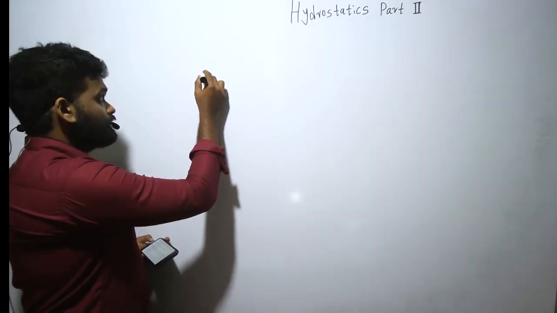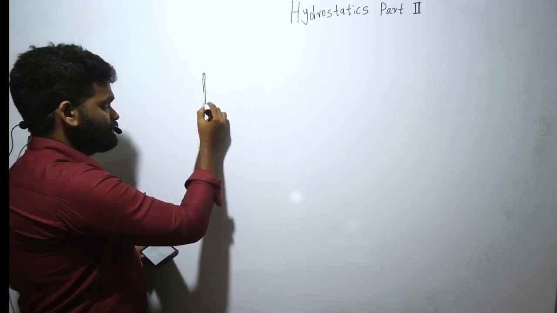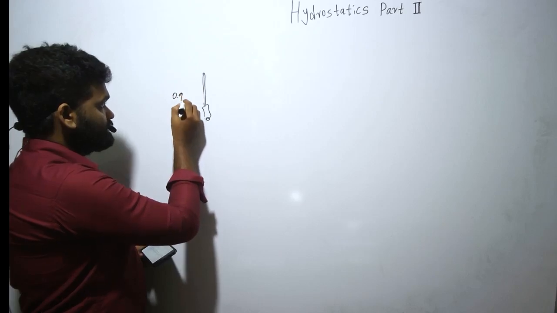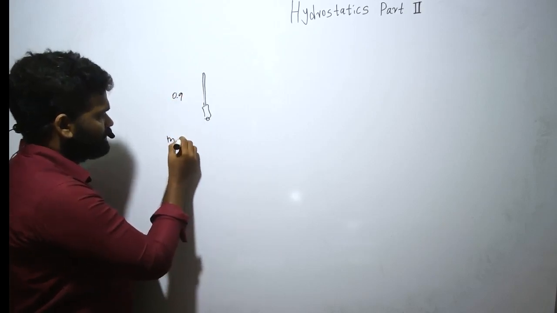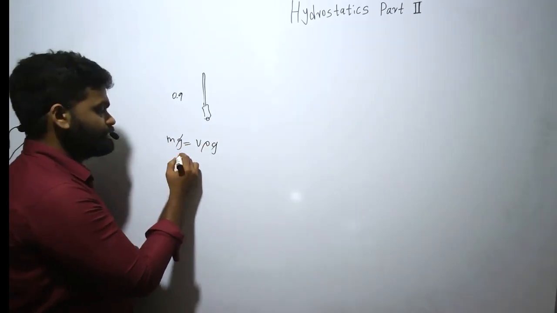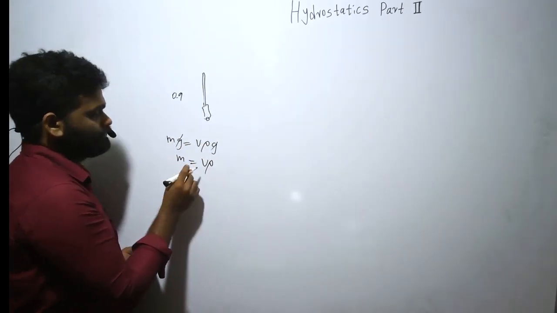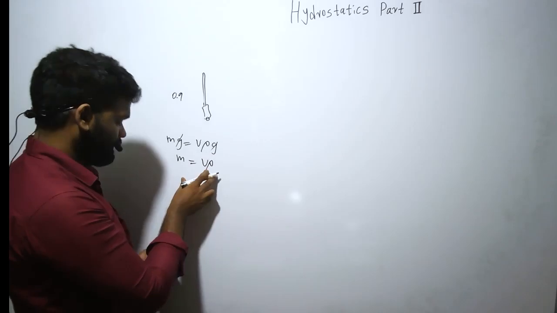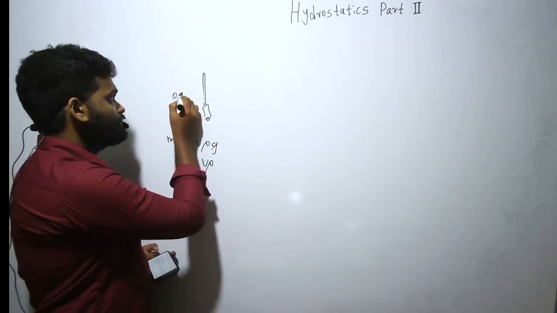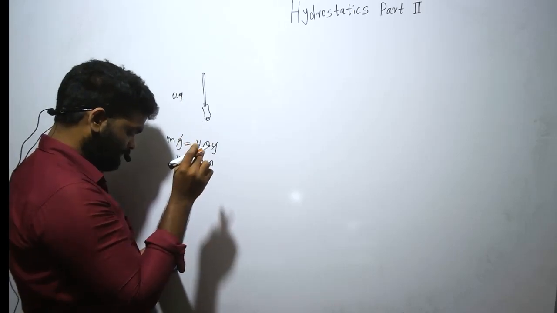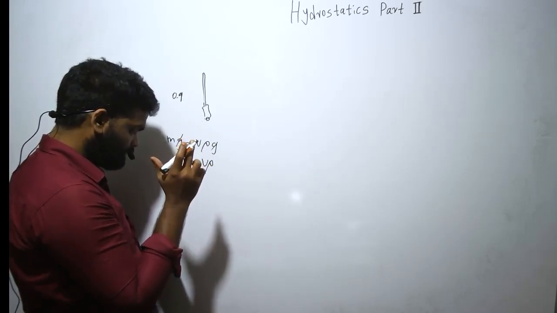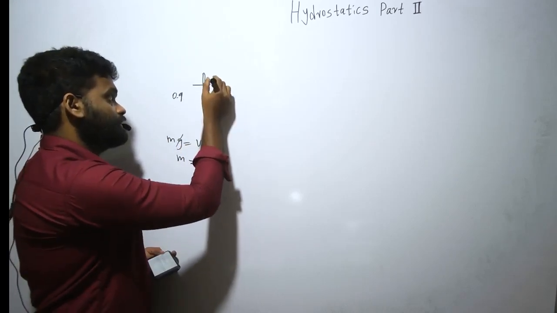So you have this hydrometer immersed in a liquid and the density is 0.9. So you know this is floating, so mg is equal to V rho g, so mass is V rho. So I'm going to use this equation. If you have this relative density of the liquid, 1/5 of the volume of the hydrometer is above, right?